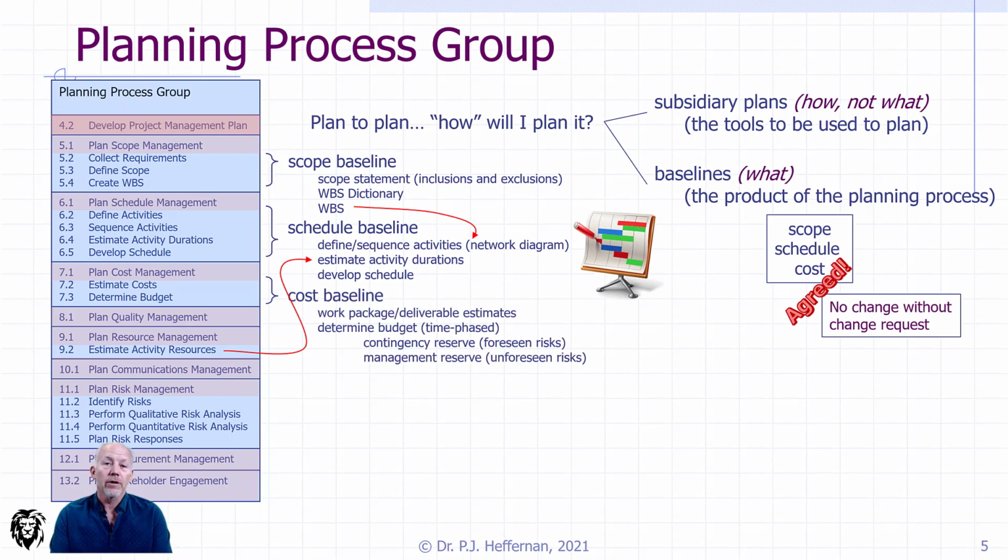Finally, our third baseline is the cost baseline. So having arrived with our work packages from the work breakdown structure, now what we need to do is figure out what the estimates are associated with it. How much is it going to cost to deliver on each of those? And quite often, how much it's going to cost is integrated with how long it's going to take.